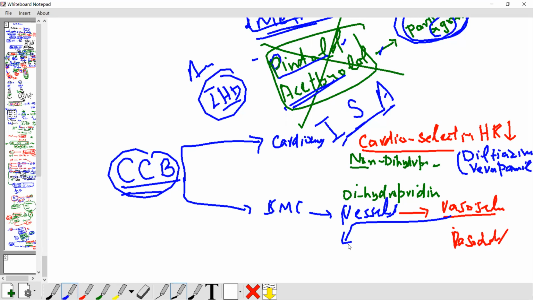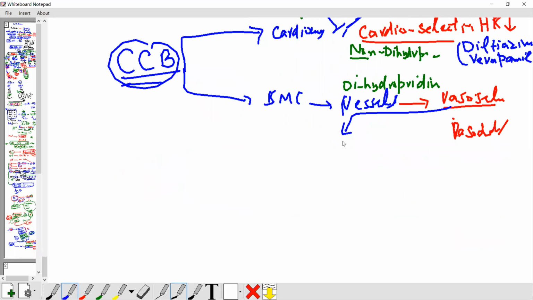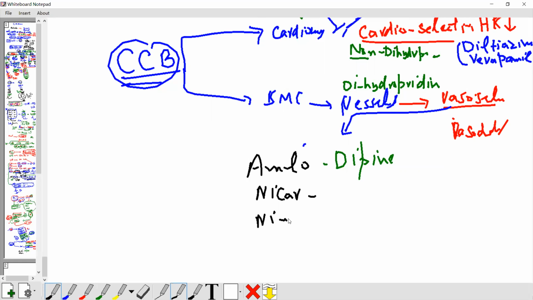How about vasoselective? A big list. They all have the suffix dipine at the end: amlodipine, nicardipine, nimodipine, felodipine.